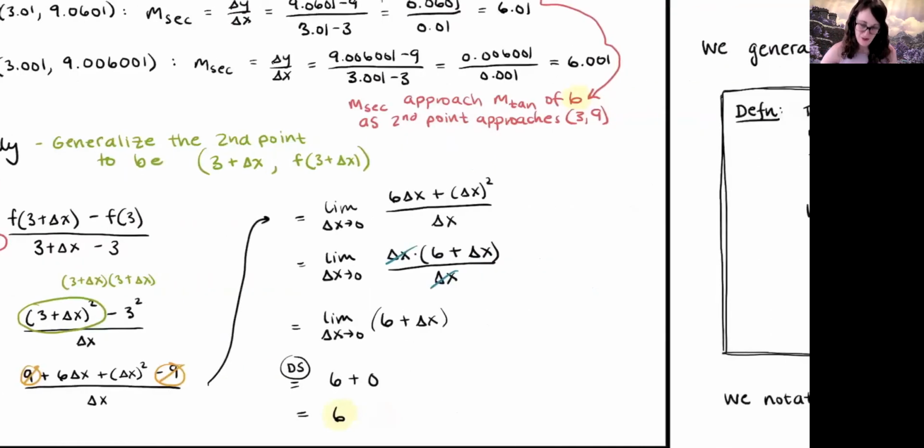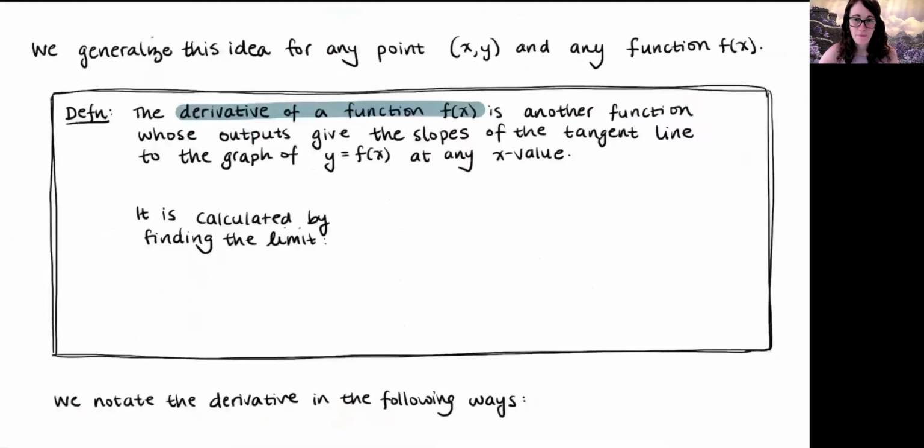Okay, so we're going to generalize this idea for any point x comma y and for any function f of x. When we do that, we get something called the derivative of a function. Our derivative result, or what we get when we actually do this generalization, is going to be a formula with x's in it.